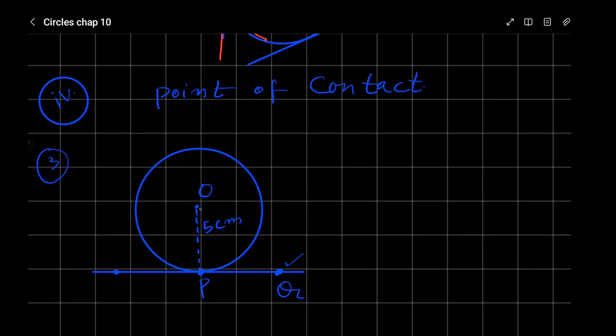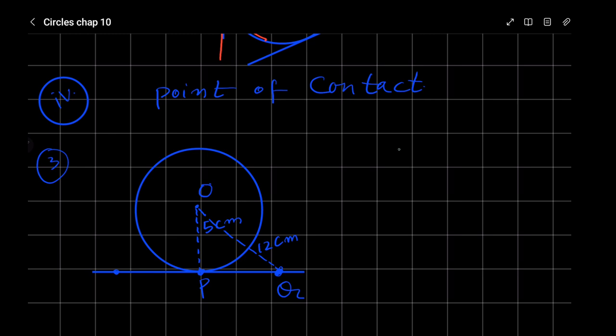Okay, so it is telling us that if we start from the center of the circle, from point O, and make a straight line till point Q, the length of that straight line is 12 centimeter.